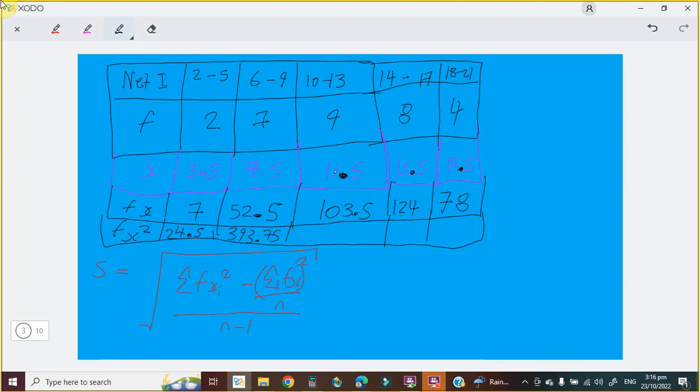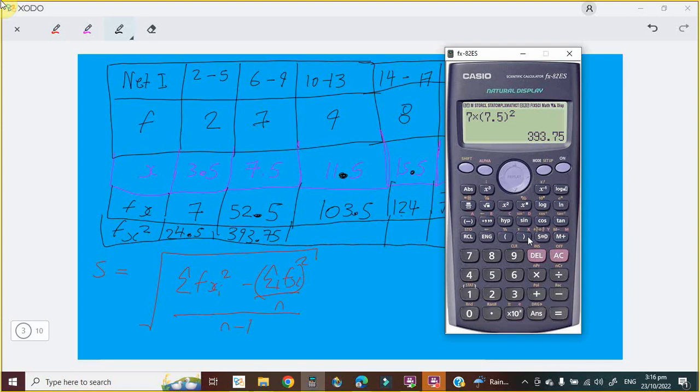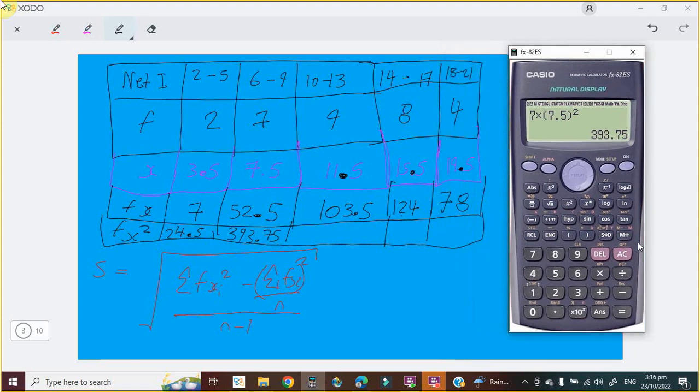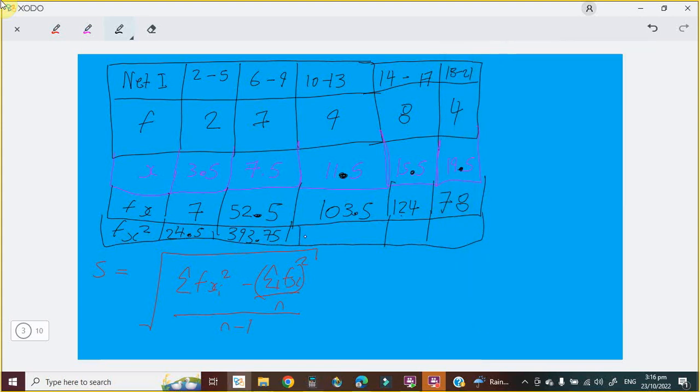Then 9 times 11.5 squared. What's 9 times 11.5 squared? 1190. Alright. Next one now. 8 times 15.5 squared. And then 4 times 19.5 squared.